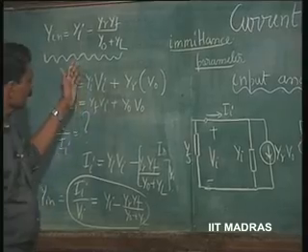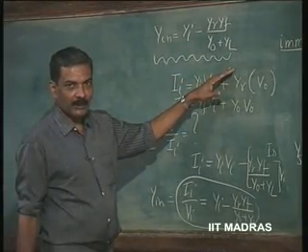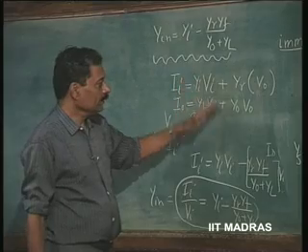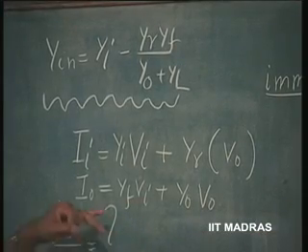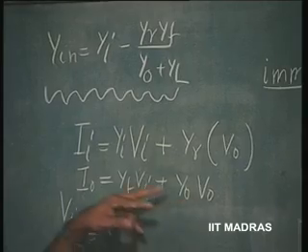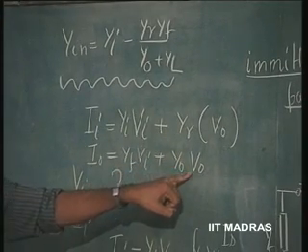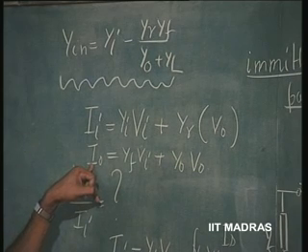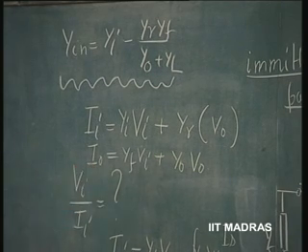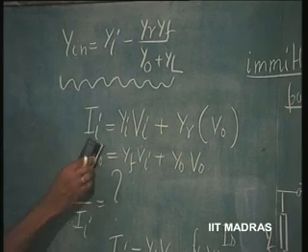These are two sets of equations. You have to appropriately eliminate one of the variables in order to get these different relationships. So from this we can eliminate V naught, and I naught is already known in terms of V I. See, for example, here I naught is equal to what?